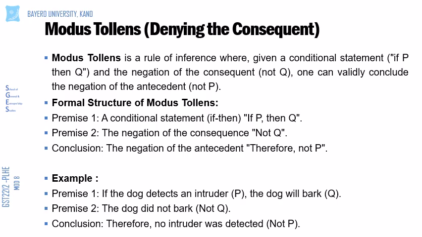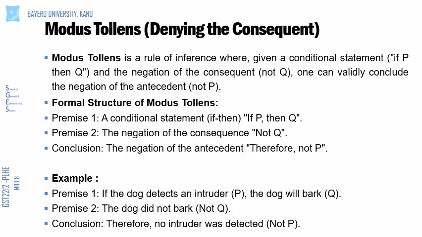We have the modus tollens. Now this one is denying the consequent. It is a rule of inference. As I told you, it has a conditional statement. And this is the formal structure of the modus tollens.